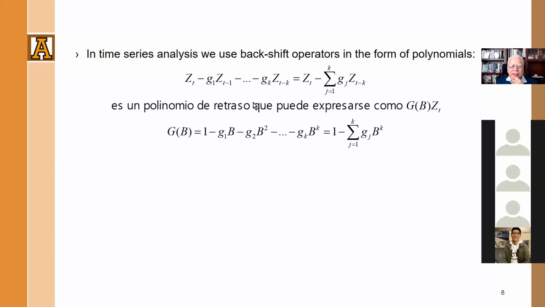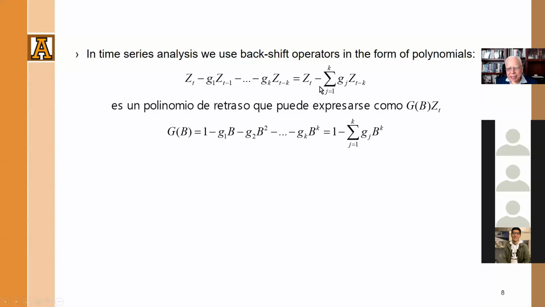We'll be using backshift operators in the form of polynomials. So we'll be talking about polynomials with some constants. Look at this polynomial: Z_t minus G1 Z_{t-1} minus ... minus Gk Z_{t-k}.